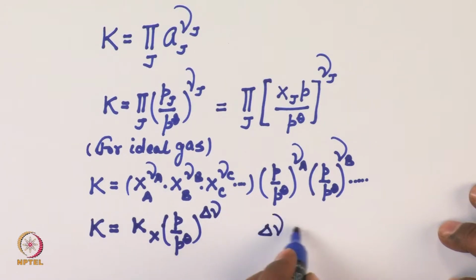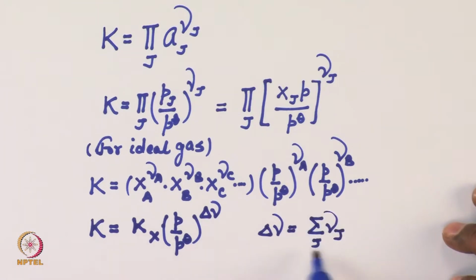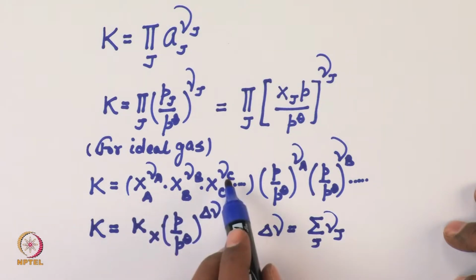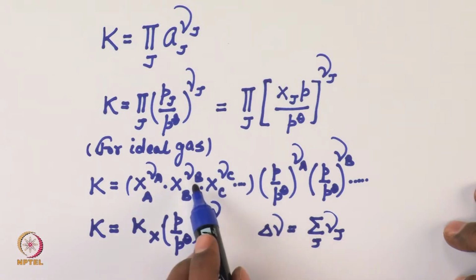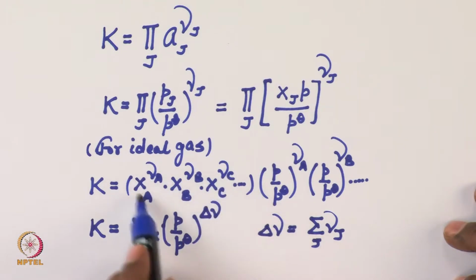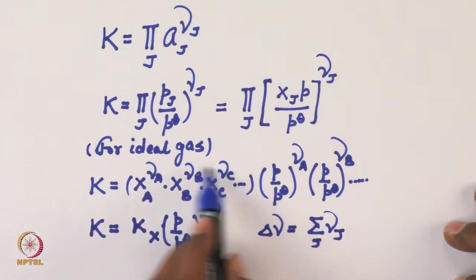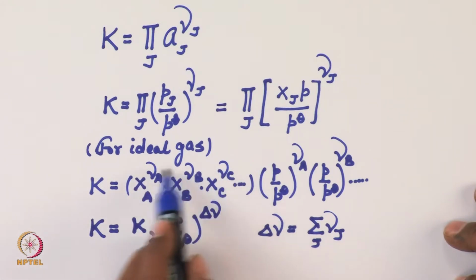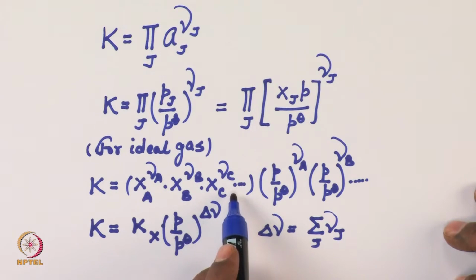where delta nu is equal to summation J nu J, and this stoichiometric number is positive for products and negative for reactants. So, if we carefully examine this, and we put a positive sign for the product and a negative sign with the stoichiometric number for the reactant, it actually is a ratio of the mole fractions, the product of mole fractions of the products raised to their appropriate stoichiometric numbers divided by the product of mole fractions of the reactants.